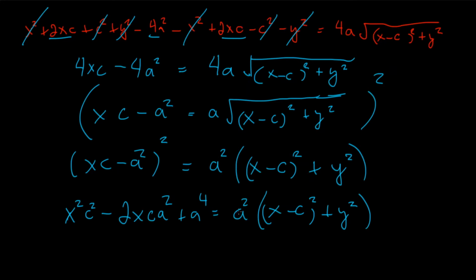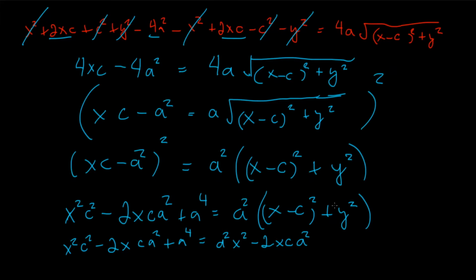All right, let's go ahead and now distribute the a squared and then see what gets canceled out. Okay, so the left-hand side, we're going to leave it for now. The right-hand side, we're going to have x squared minus 2xc plus c squared. So we're going to have a squared times x squared. We're going to have a squared times negative 2xc.